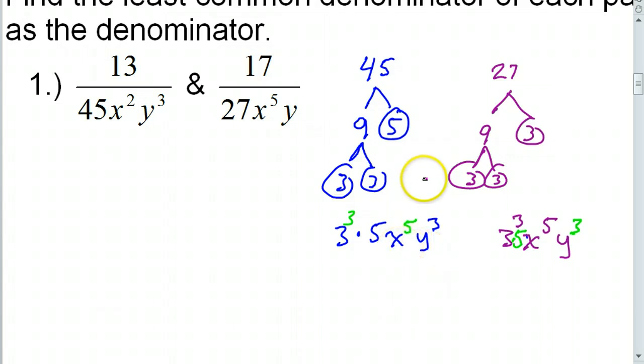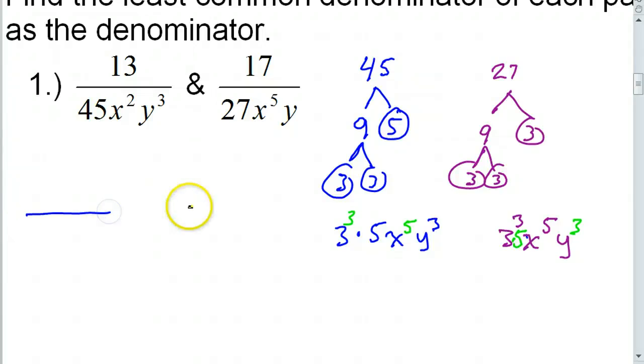Now, these denominators are the same. So this is the denominator that I have to go with. By the way, what is 3 to the third power times 5? What is that? 105? 135? Yeah. Okay, so this is the denominator that I'm looking for.